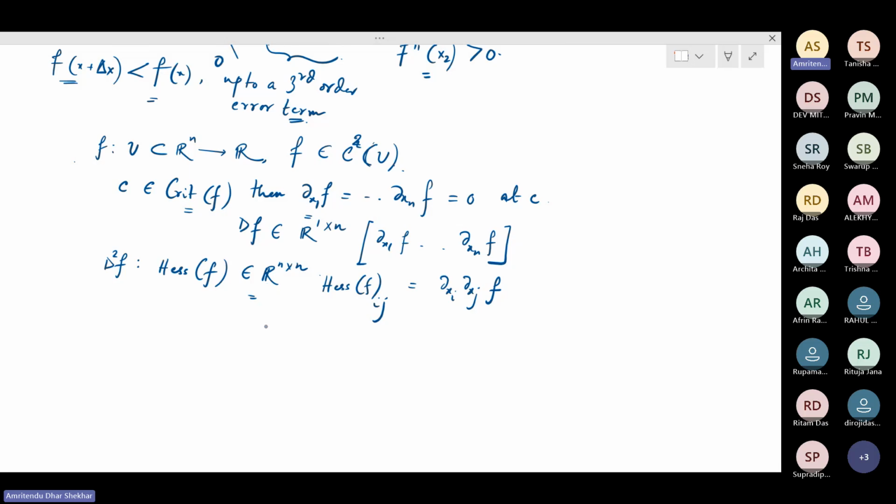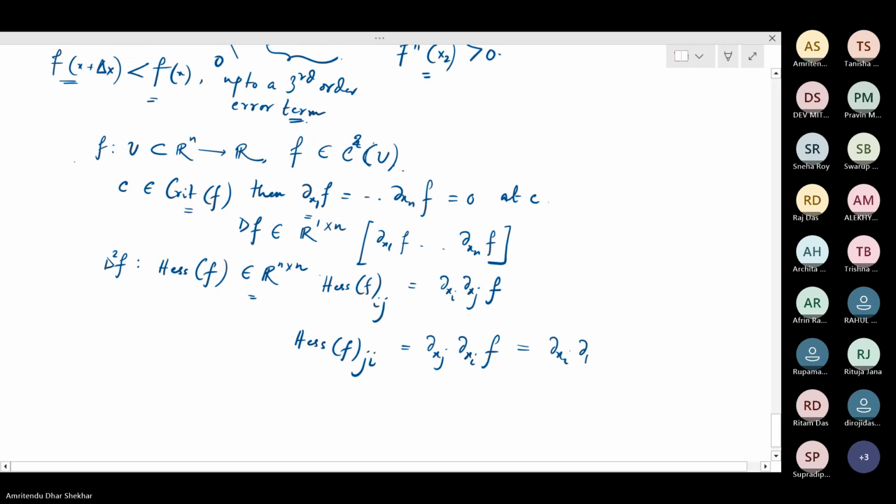Why? Because the Hessian of f at ji is equal to del xj del xi of f, which is just equal to del xi del xj of f.